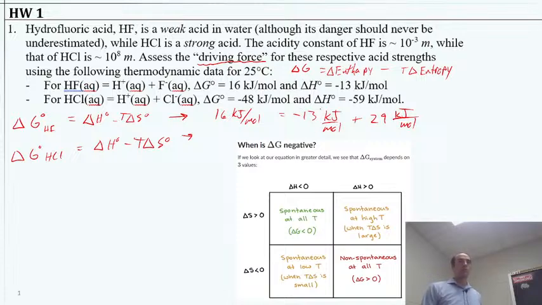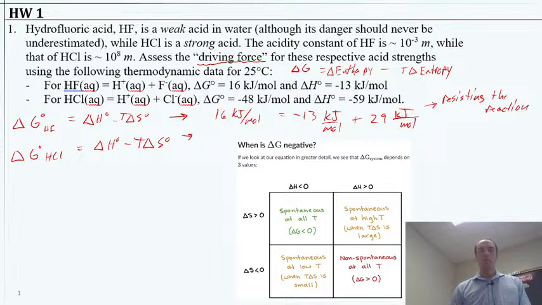Eventually, that minus 13 will be bigger than the entropy term, and it would be favorable. So we can imagine some cases just by changing the temperature. But in general, the summary here is this is resisting the reaction, even though it's favorable in some way.